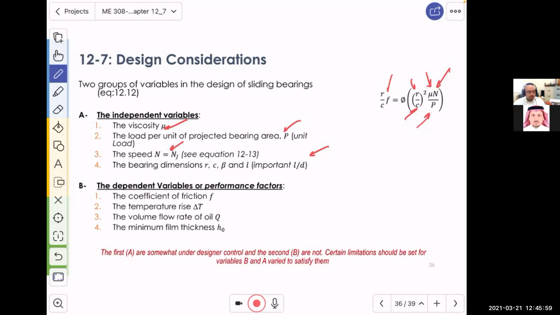The oil flow, you can't. You will end up pushing the fluid at a certain rate to control the temperature, the viscosity, and so on. So you have no control on it. And of course, the film thickness, this is natural. This is a law, a physics, a nature. You can't just change it. It's like sunrise.